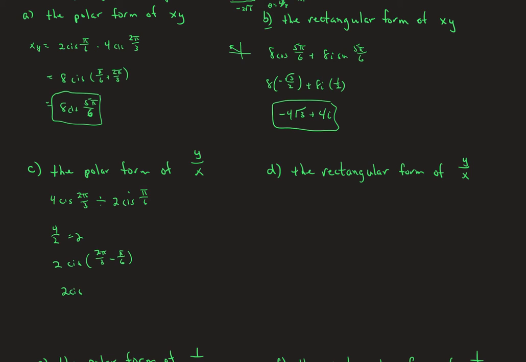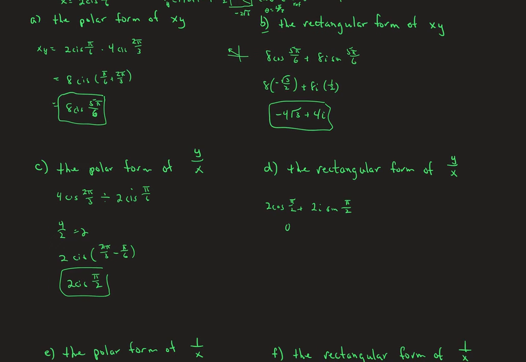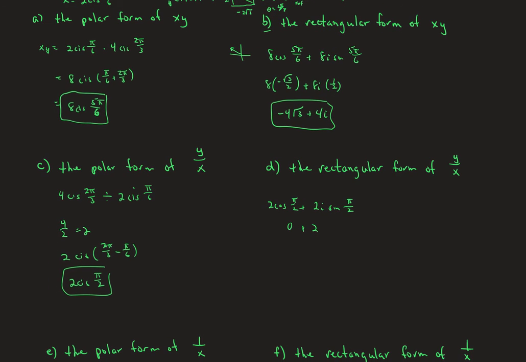So this is going to be 2 cis, 4/6 minus 1/6 is 3/6, which is pi over 2. So there we are in polar form. In rectangular form, that's 2 cosine of pi over 2 plus 2i sine of pi over 2. So cosine of pi over 2 is 0, and sine of pi over 2 is 1. So that's going to get us to just 2i.